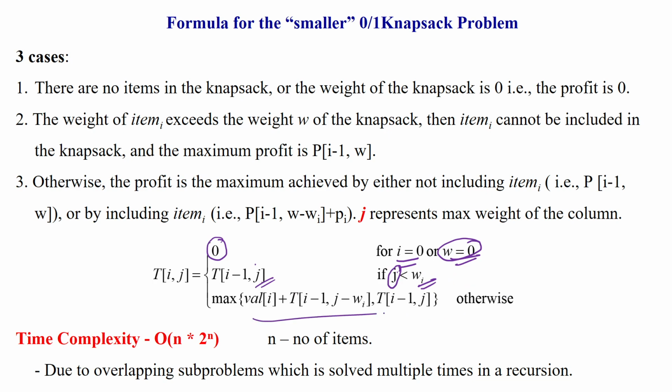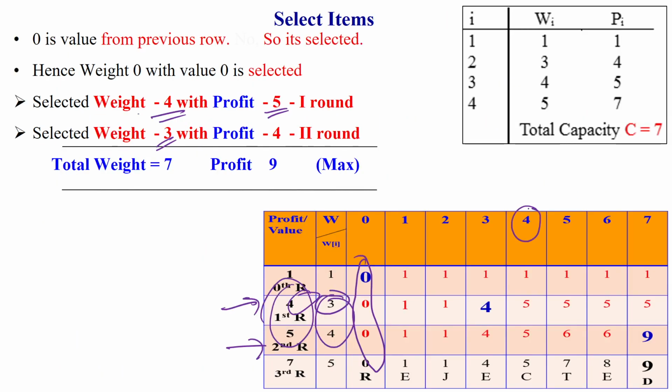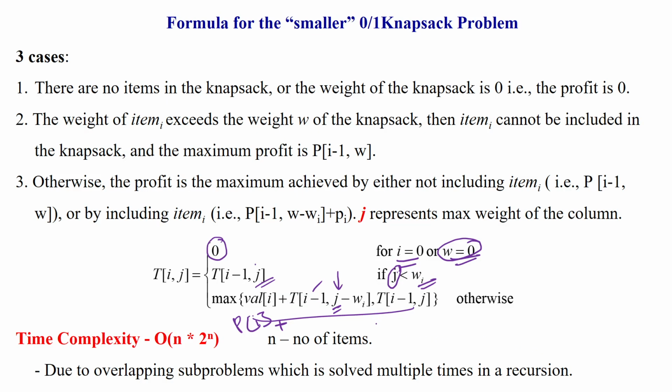Otherwise we use this formula: the profit of the current product plus the value in the previous row at the maximum weight of that jth column minus the current product's weight. With this we decide whether it is possible to select or not. Here i is the row value and j is the column value. Based on that we calculate the current cell's value, that is t of i comma j.